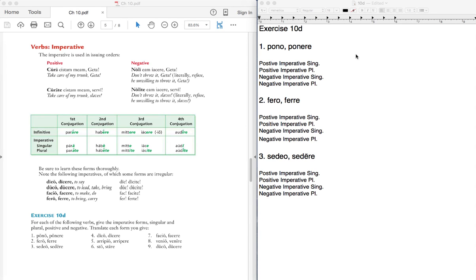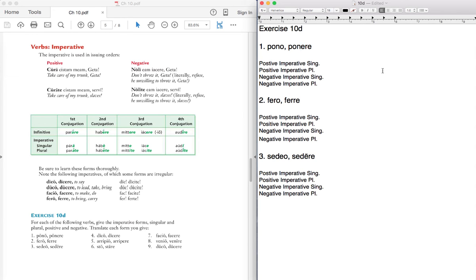So let's start with pono, ponere. Now again, ponere here is a short E, not a long E, so this shows you that this is from the third conjugation. It does not have that long E like sedere does here. So we use this one here for pono, ponere. Simply put, for the singular commands we use the letter E, and for the plural commands, ITE.